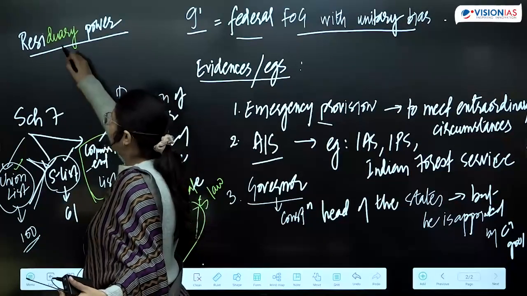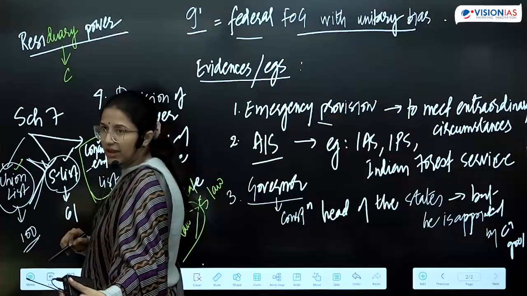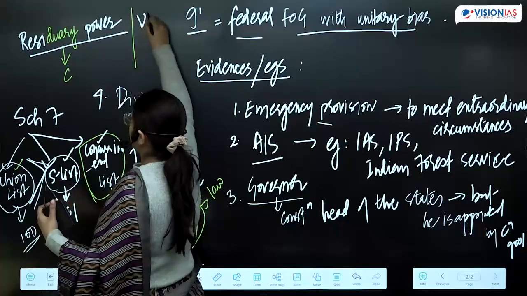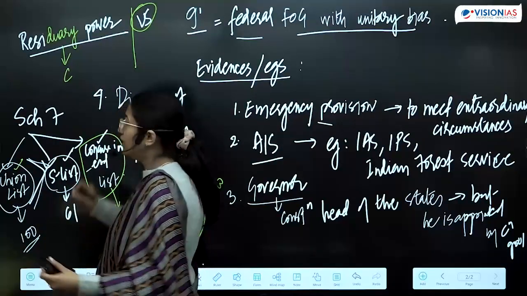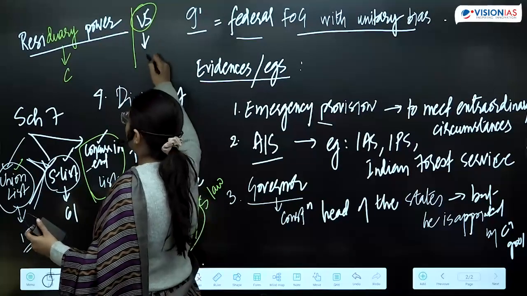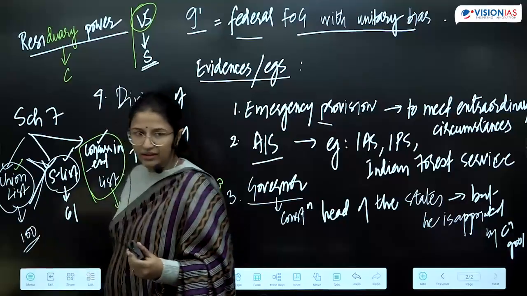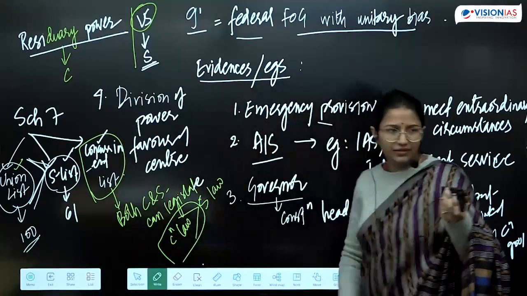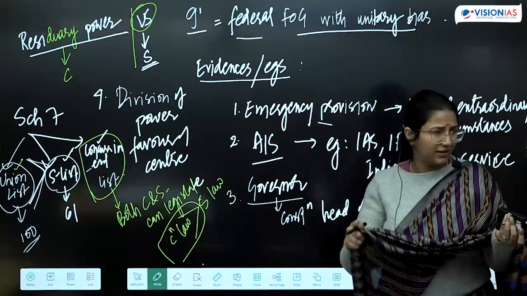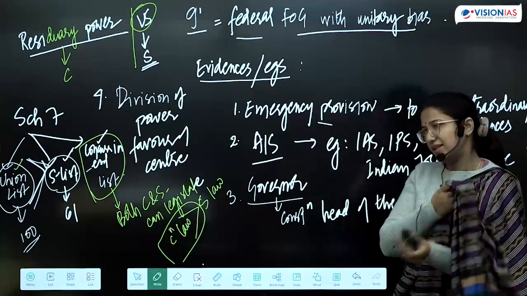So in case of India, it is the center. In case of the US, which was the first federal form of government that the world saw, the residuary power lies in the states. Yes, so you find that the division of power in case of the Indian Federation is tilted in favor of the center.